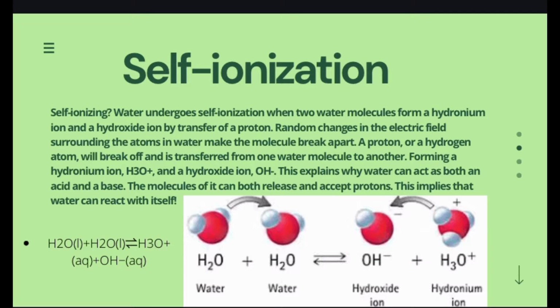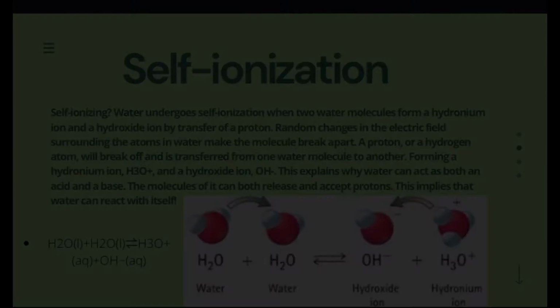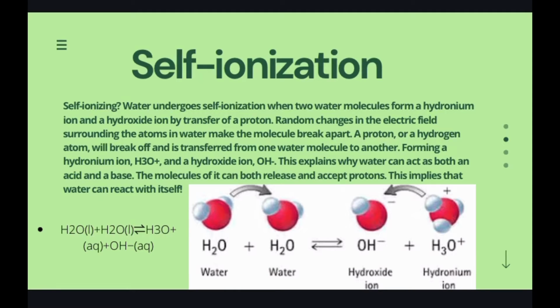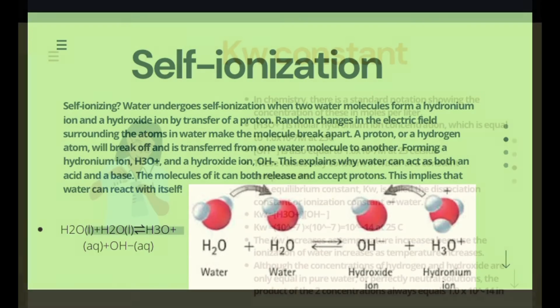Then a proton, or we can also say a hydrogen atom, will break off the H2O molecule and go to another, and it will form a hydronium ion and a hydroxide ion. This explains why water can act as both a base and an acid, which implies that water can react with itself.